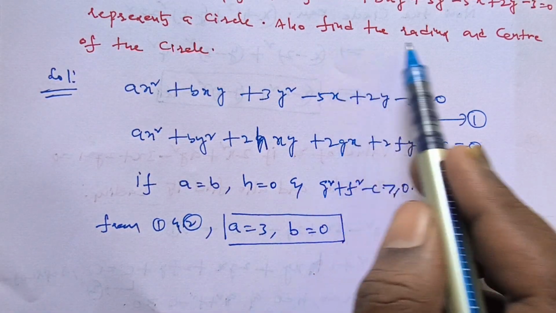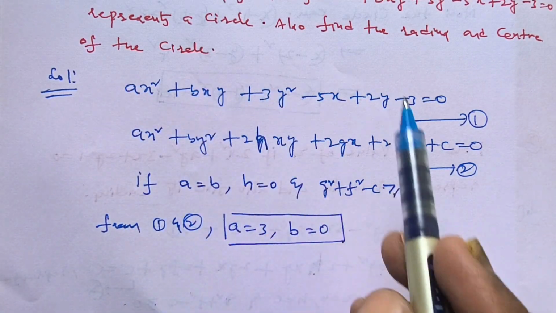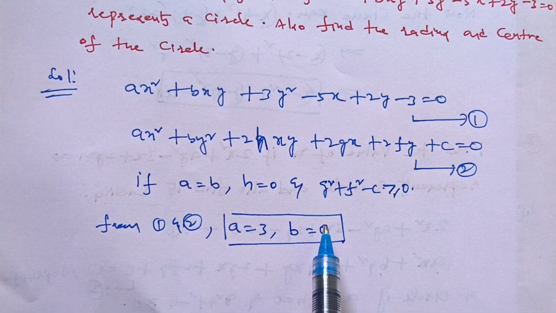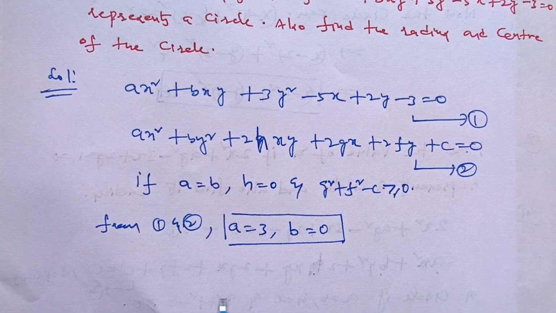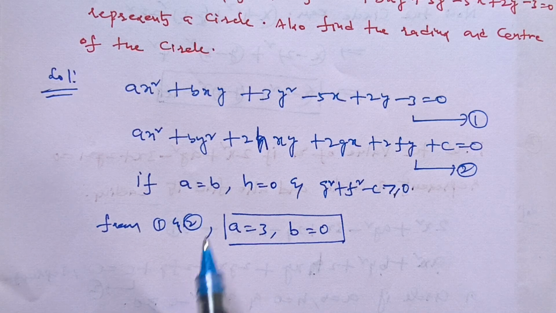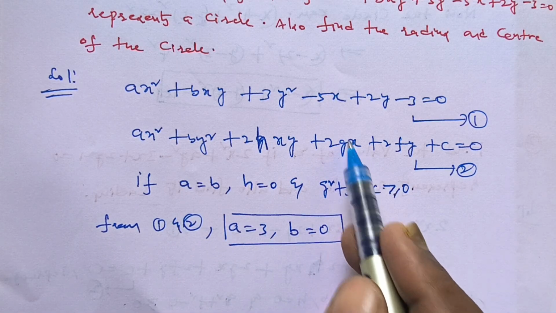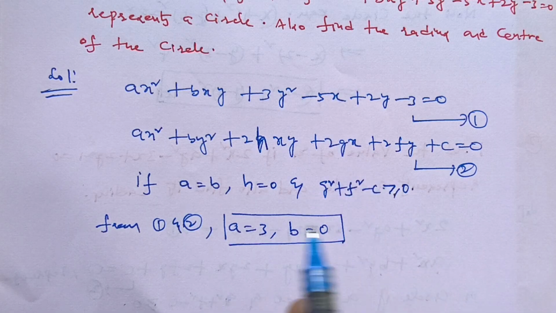Now we find the radius and the center of the circle here. To find the radius and the center, we need to find g and f values. By comparing 1 and 2 here also, the coefficient of x is 2g, and here the coefficient of x value is minus 5.